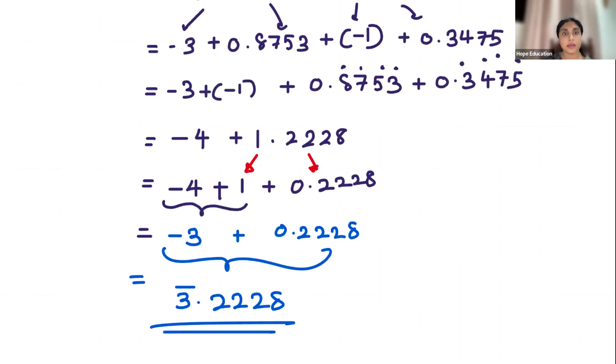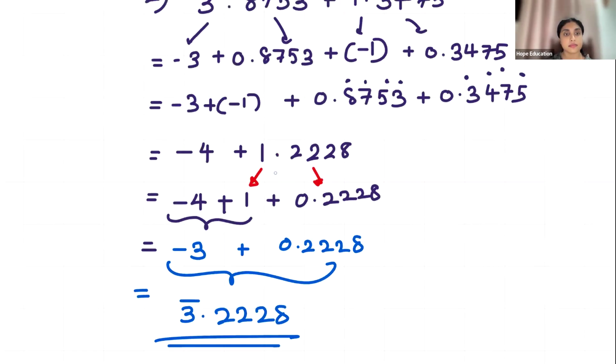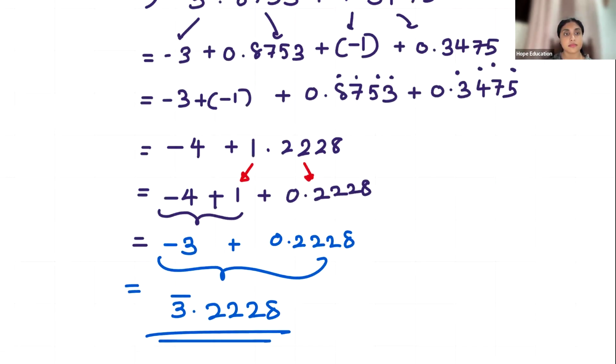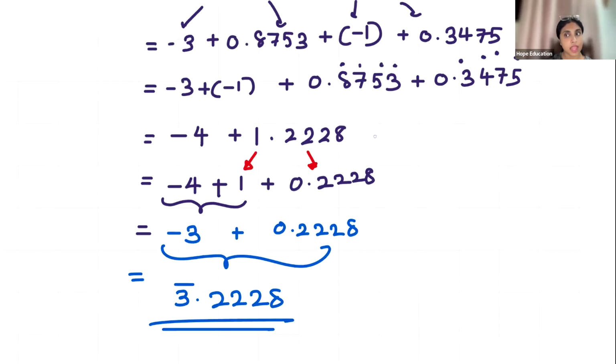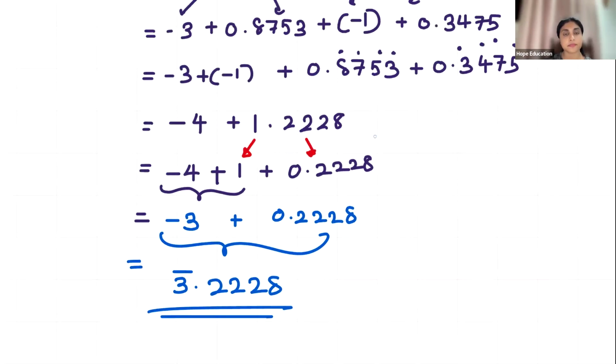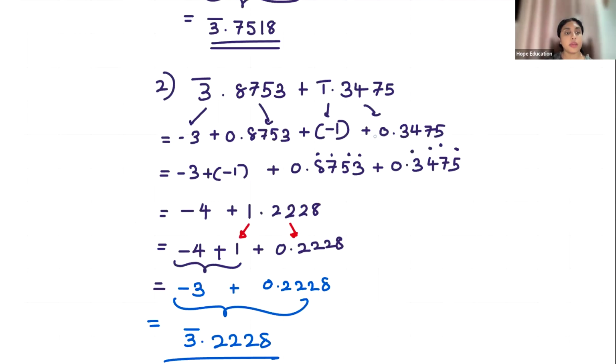Is this clear to you, Lamai? I'm not clear. I saw that the answer in the textbook is different. That is because they have done it in a different way.